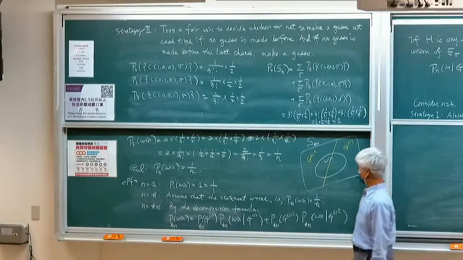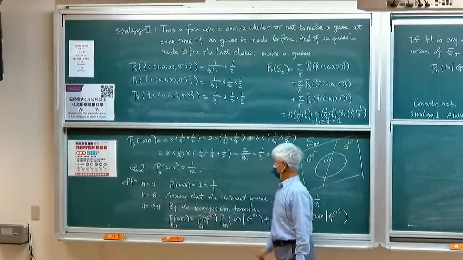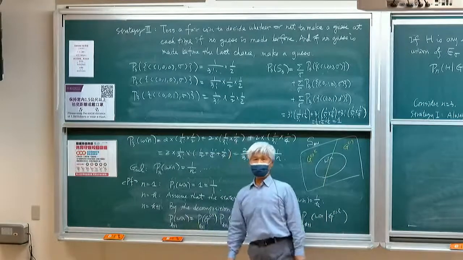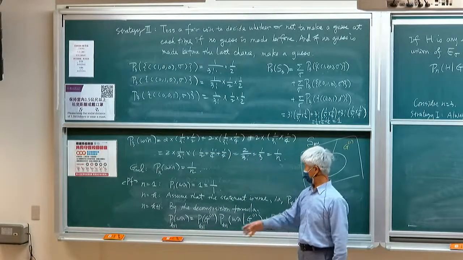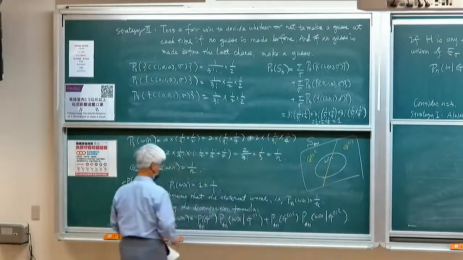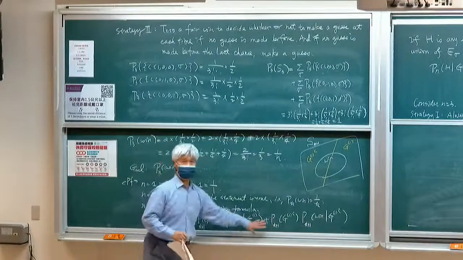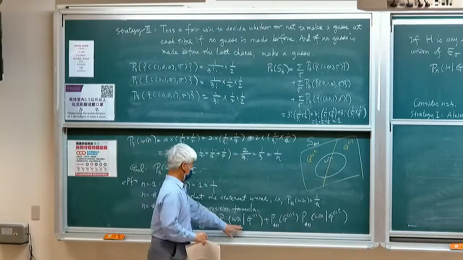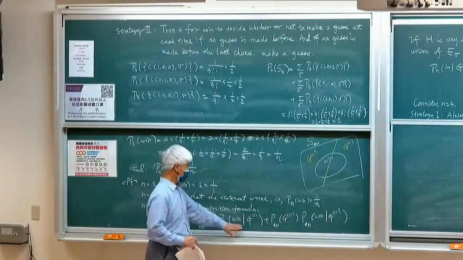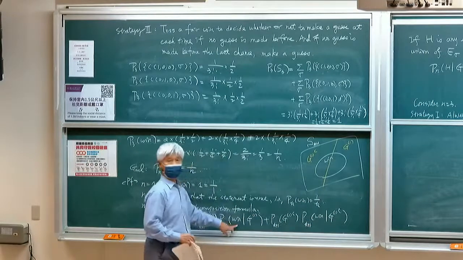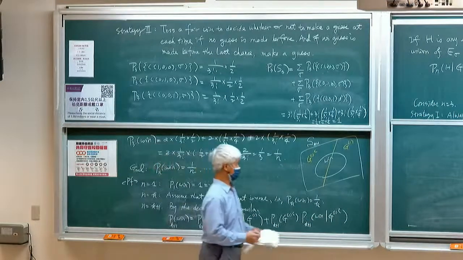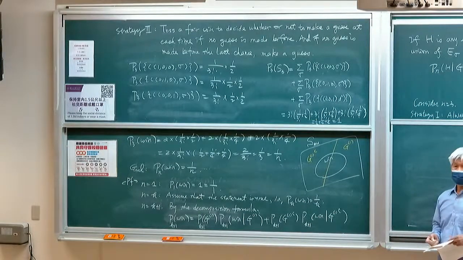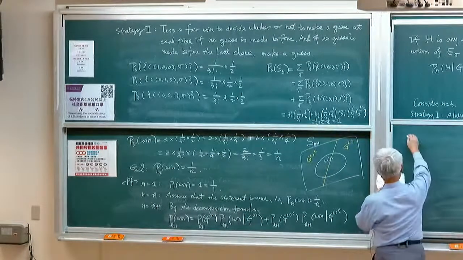Okay, and so the win probability with a deck of k plus 1 cards, right? It's a sum of two terms here. Okay. Now we will compute these two conditional probabilities. Any questions? Right? No questions. So, all right.